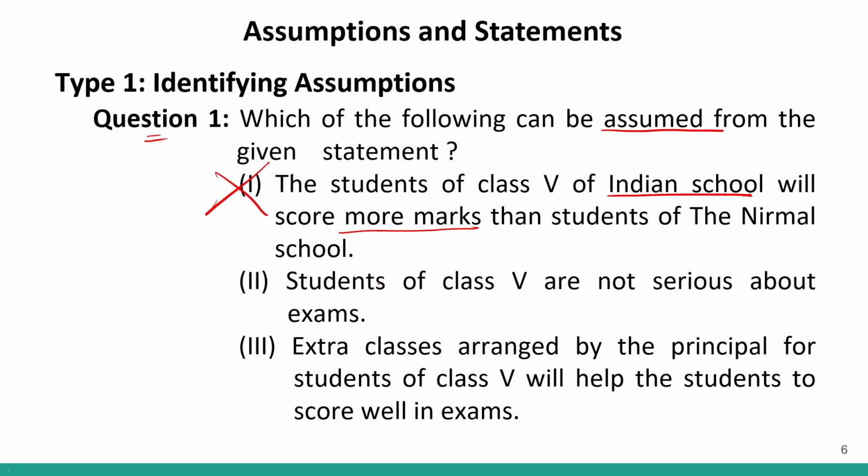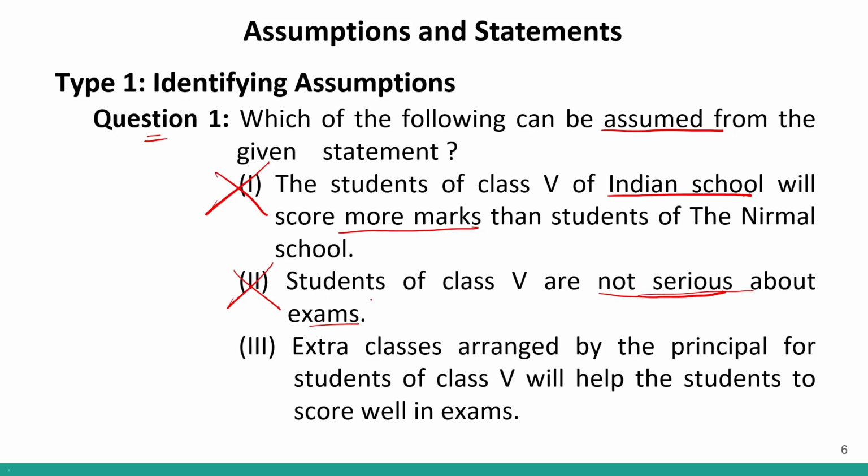Option number 2 says students of class 5 are not serious about exams. So this is also not correct. This also cannot be assumed because there are weak students, right? There are certain students who are very good at what they do. They excel in every exam, and there are students who are hardworking but do not see that kind of result. So to say that students are not serious is a little bit of exaggeration, right?